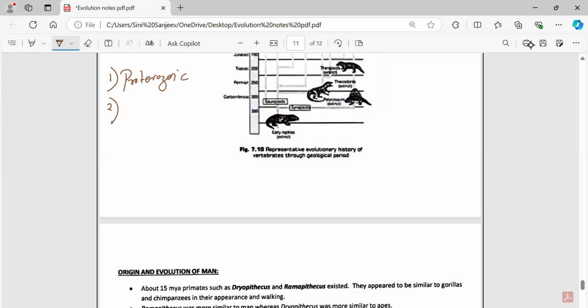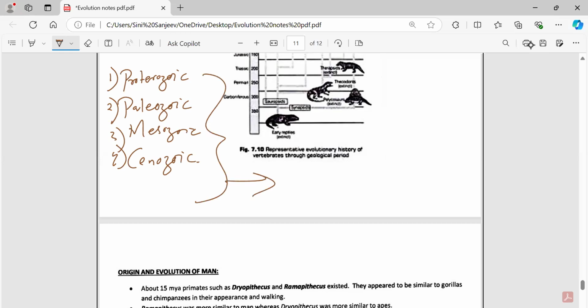Second is the Paleozoic. Third, Mesozoic. And the fourth one which you have is the Cenozoic. Okay. So these are the four types of eras, and all of these are based upon the geological time scale.